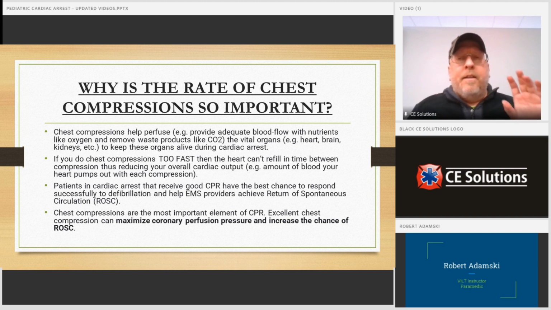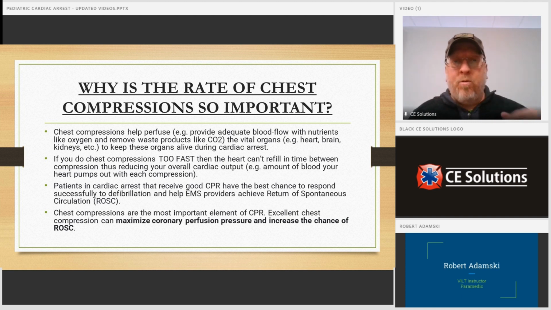All right. To emphasize this again, why is the rate of chest compressions so important? The rate of chest compressions is so critical, so vitally important, because if you mess up your chest compressions, going too fast, going too slow, not going deep enough, or going too deep, all of those errors are going to create a lot of problems for your patient.